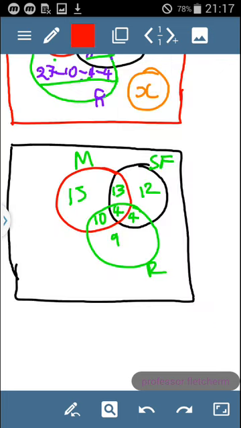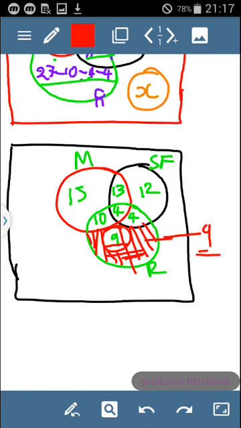Let me take red. Romance is this section, so those who took only romance will be found in this section that I'm trying. So this will be going to be 9. So 9 went for romance.